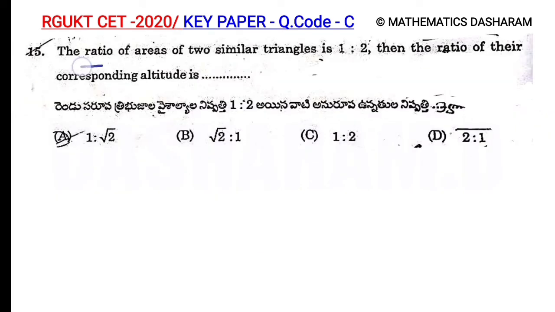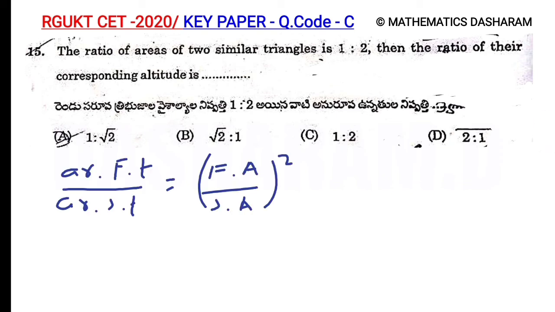15th problem, the ratio of the areas of two similar triangles is 1:2. Then the ratio of their corresponding altitudes is? So we know very well area of first triangle divided by area of second triangle equals first triangle altitude divided by second triangle altitude whole square, when the two triangles are similar. So here the ratio of the areas is given, that is 1:2.